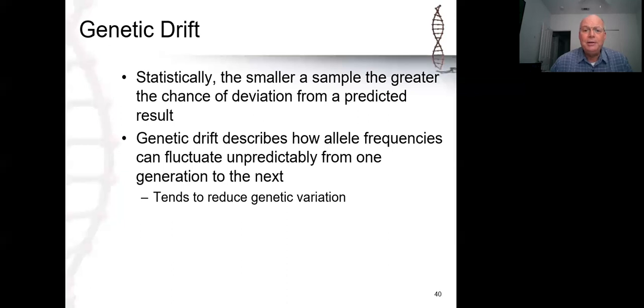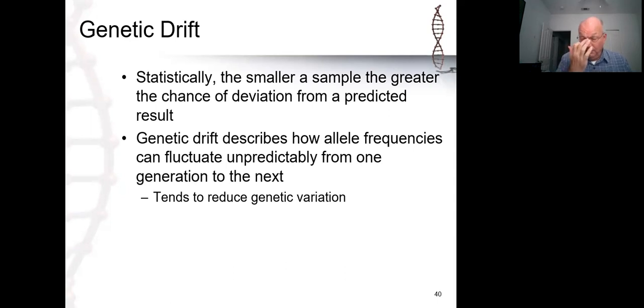It is a random loss of individuals from the population, not because they are selected against by environmental changes, but just because they happen to be in the wrong place at the wrong time and therefore got eliminated.